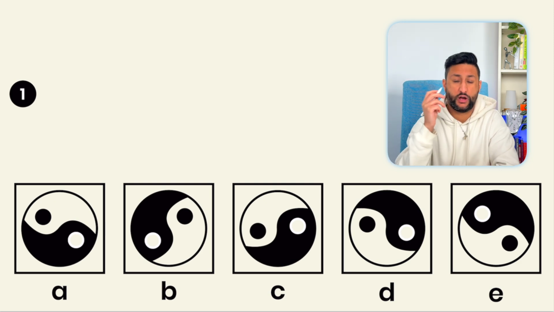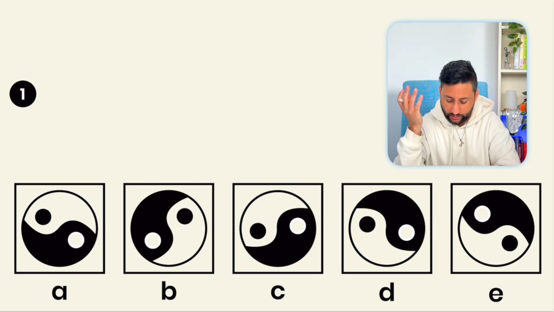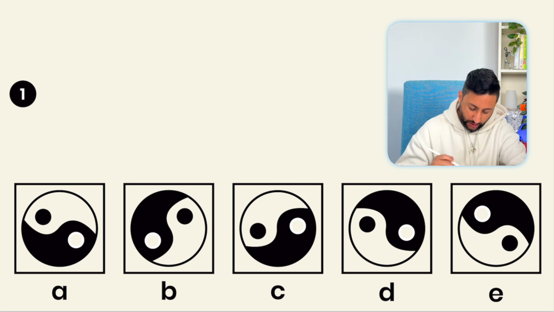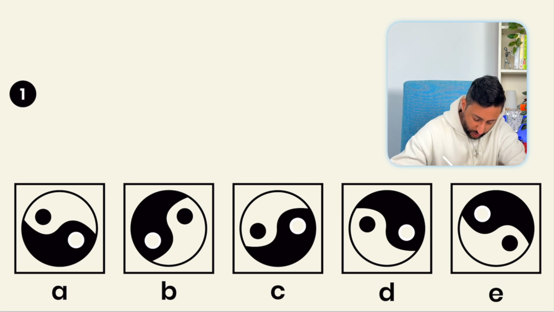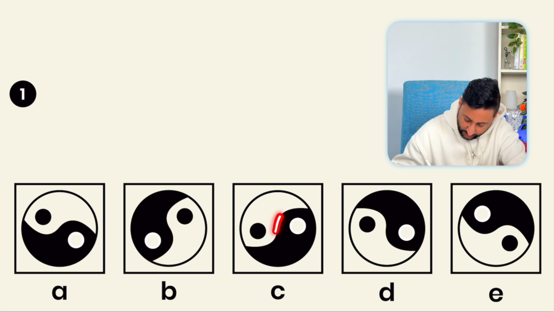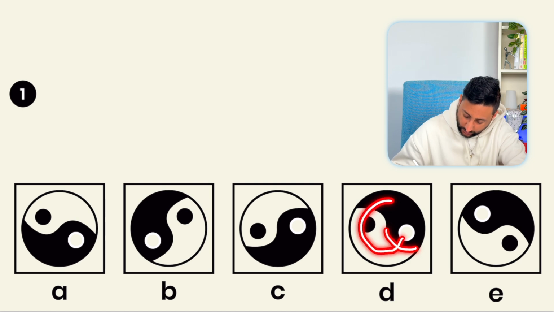With rotational symmetry, I usually pick a point on the first shape and see if the rest of them match. So we'll go with the black curving out with a white dot going clockwise. Black curving out with a white dot. Sorry, anti-clockwise. This one, also anti-clockwise. This one with the white dot and the black curve is actually going clockwise.